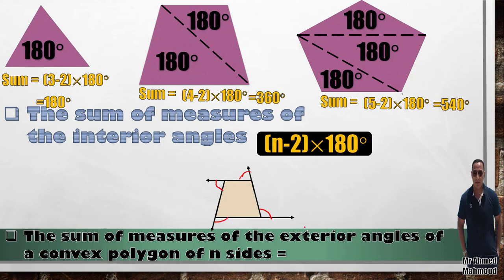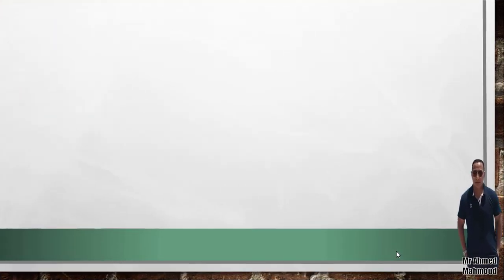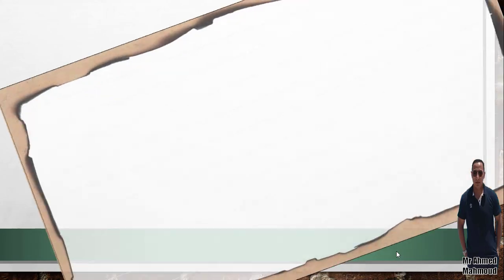The sum of the exterior angles of any polygon equals 360 degrees, and this is a rule. Again, the sum of the exterior angles of any polygon equals 360. The sum of the interior angles is n minus 2 times 180, and the sum of the exterior angles equals 360.